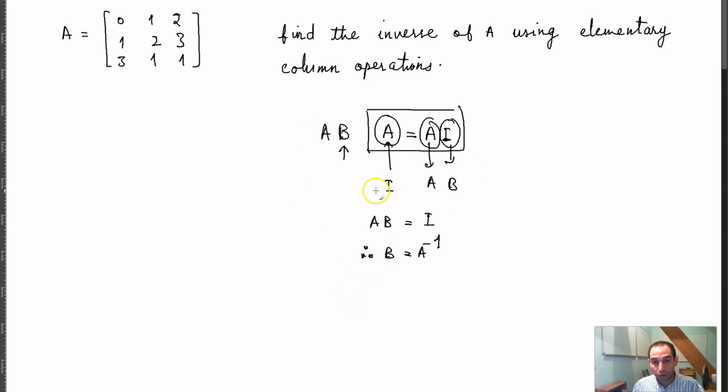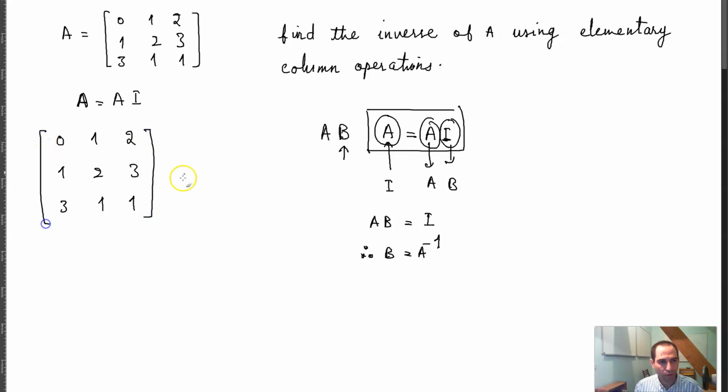So that's what I'm going to do, which means that I will write A is equal to A times I, and therefore I will write 0, 1, 2, 1, 2, 3, 3, 1, 1 is equal to A times I, which is 1, 0, 0, 0, 1, 0, 0, 0, 1.